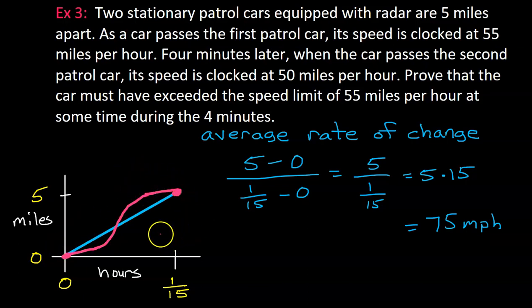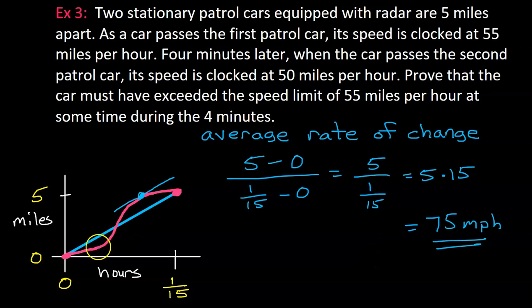The mean value theorem tells us that there is going to be some point on the interval where the instantaneous rate of change, the instantaneous speed, is going to equal the average speed at some point between 0 hours and 1/15 of an hour. So in other words, somewhere along the way, maybe somewhere right in here, there's going to be a point where the car was going the average speed of 75 miles per hour.